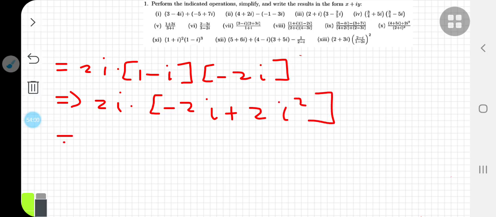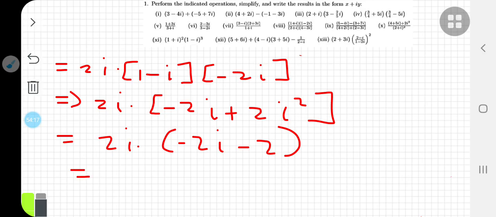From here, I'm going to have 2i multiplying with negative 2i. This will just give me minus 2. So I'm also performing the multiplication here. It's just going to be negative 4i squared and minus 4i.